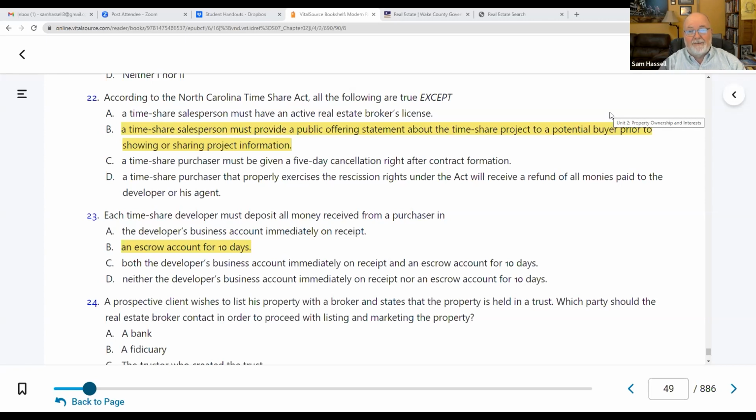Getting into a contract, prior to closing, right? Before contract. So you can show the properties, you can share project information, you just may not get under contract. Okay. So yeah, there it is right there. Watch those one worders, right? It is, can't get into contract with it.